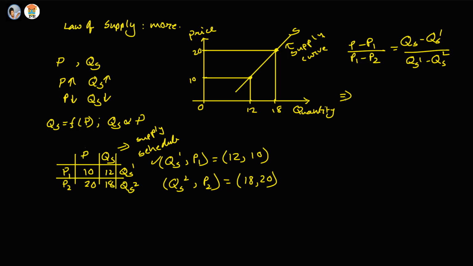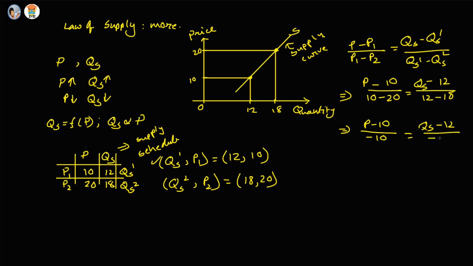So we can write down the values: P minus 10 divided by 10 minus 20 is equal to QS minus 12 divided by 12 minus 18. So here we'll have P minus 10 divided by minus 10 is equal to QS minus 12 divided by minus 6.